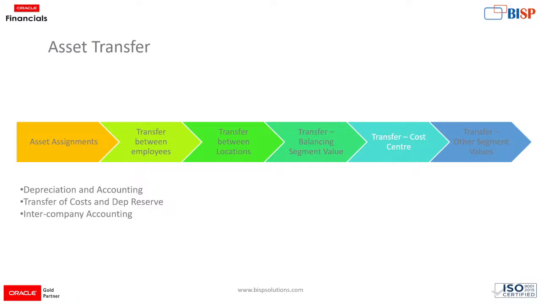And if you are transferring within the segments of the company, then intercompany accounting should be enabled, and you should have defined the intercompany setups, right? So let us take one simple location transfer, how to do a mass location transfer.